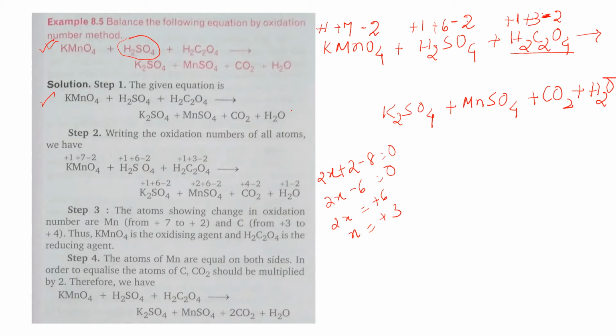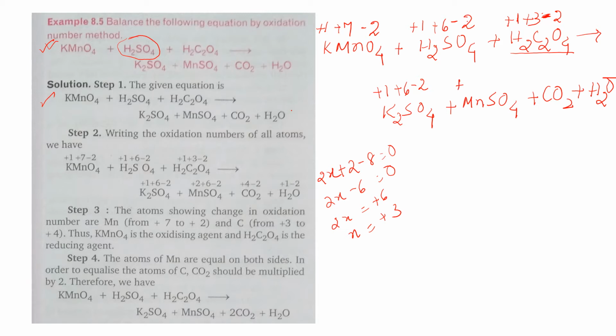Okay. Now K2SO4, find out this. K is +1. When I take 2, that means +2. I have to multiply. Now this is -2. The sulfur is coming +6. Now MnSO4, manganese is coming.